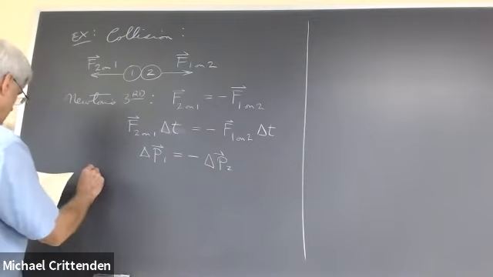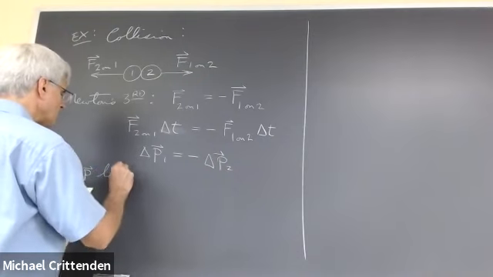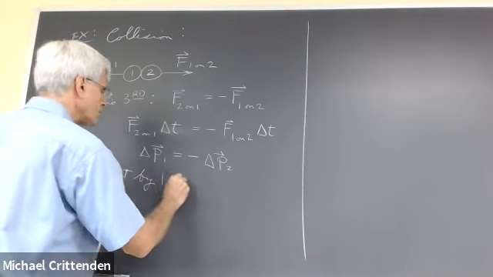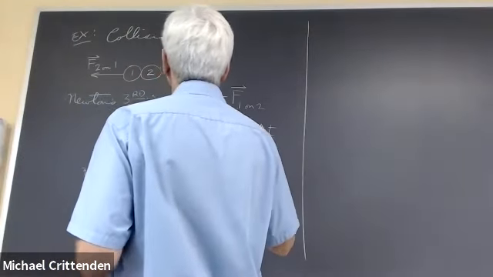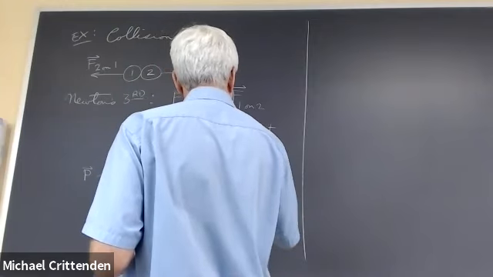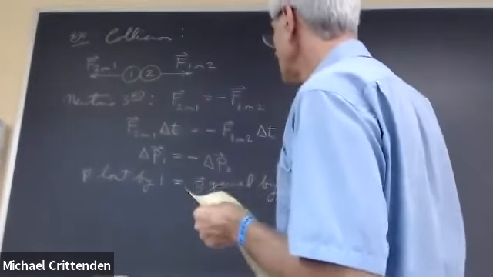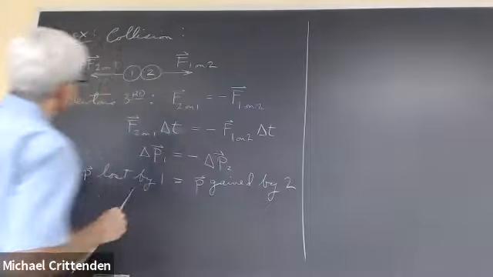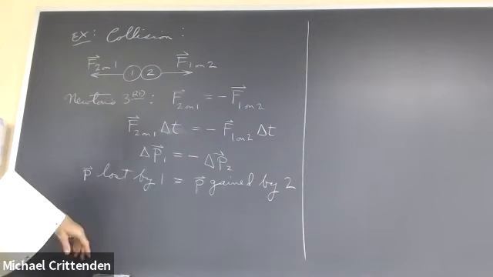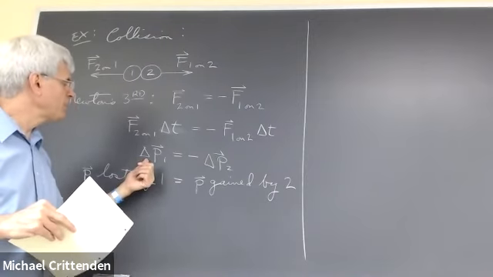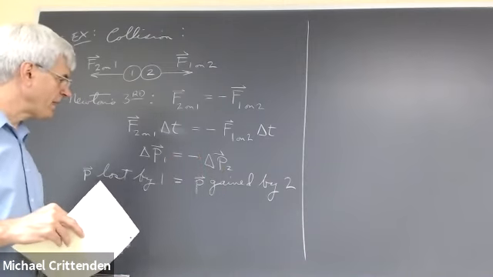So writing that out in a little more detail. If ball number 1 was going that way, it would be losing momentum, which would make this delta P negative and this delta P positive, and they're still negatives of each other, so it doesn't matter.